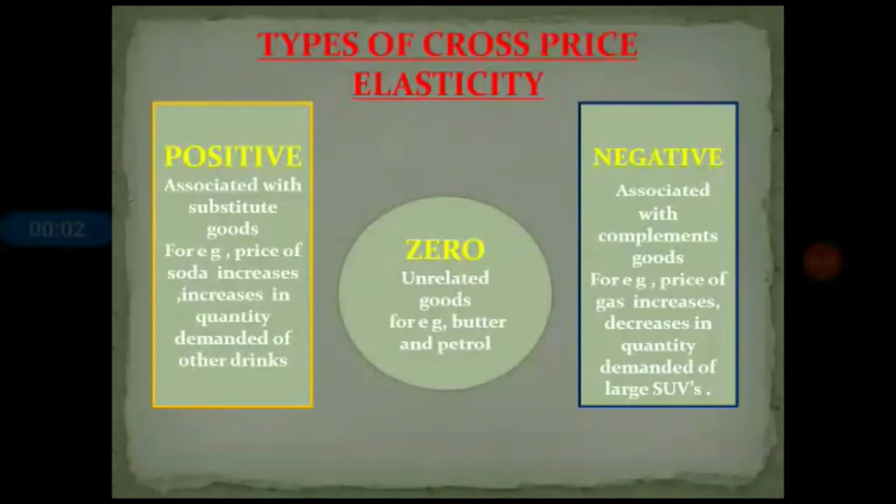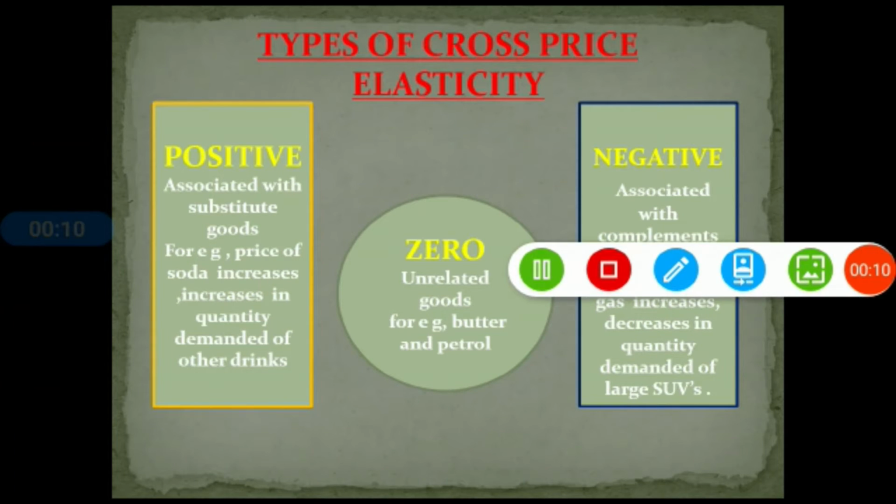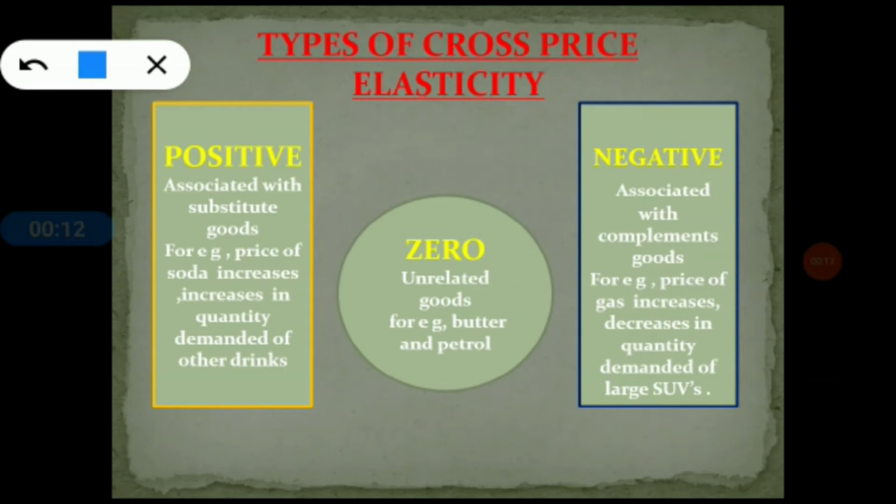Here, this is the next slide where we can see the types of cross price elasticity, and in my previous slide we already said that cross price elasticity is of three types. The first one is positive cross price elasticity, the second one is negative cross price elasticity, and the third one is zero cross price elasticity. At first we have to explain the positive cross price elasticity.